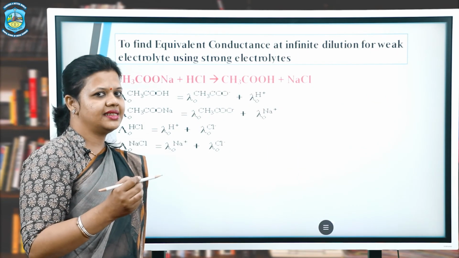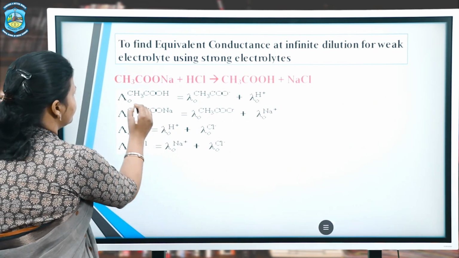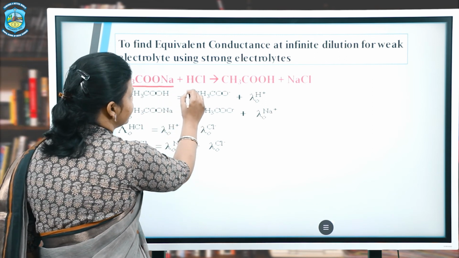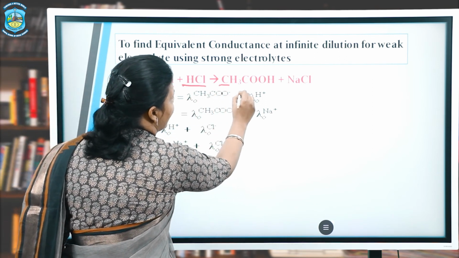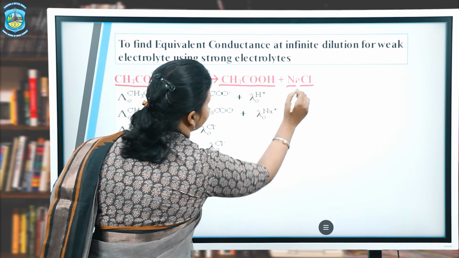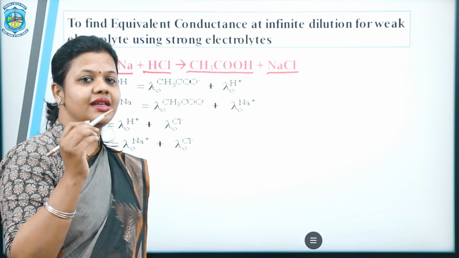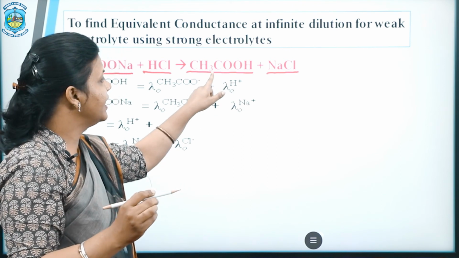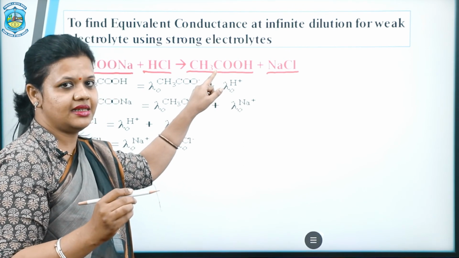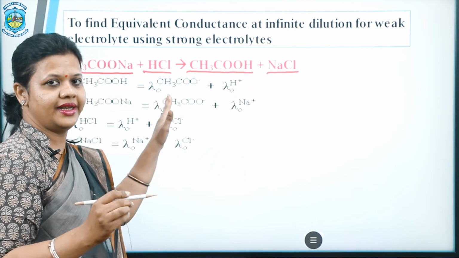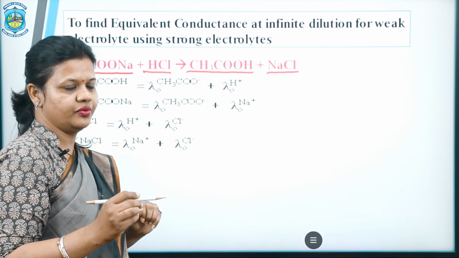Now let us take the example of sodium acetate. When it reacts with HCl, it gives acetic acid and NaCl. If we want to calculate the equivalent conductance of the weak acid, acetic acid, we will use the 3 strong electrolytes to calculate its value.